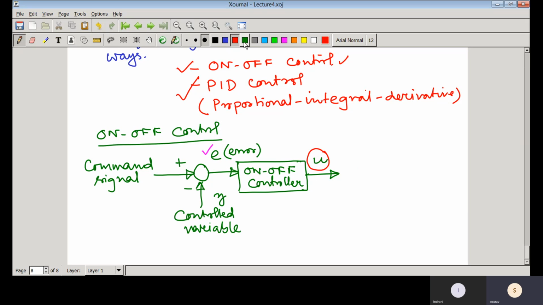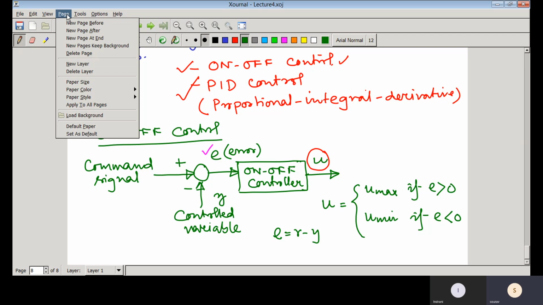So what is the control law? This is the simplest form of control law: U equals U max whenever the error is positive, that means error greater than 0, and U equals U min if the error is less than 0. Here the error signal E equals R minus Y, as we have already discussed.